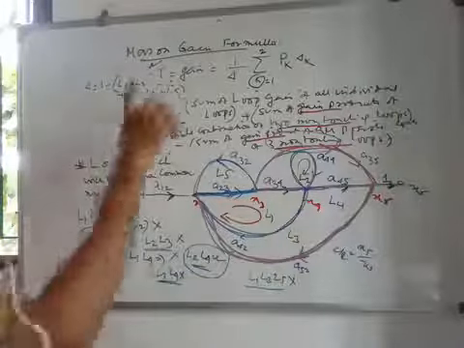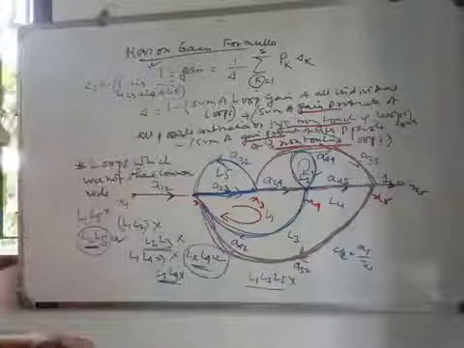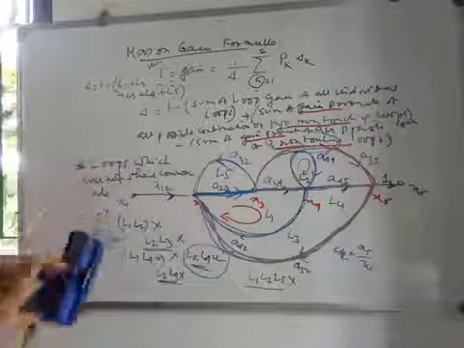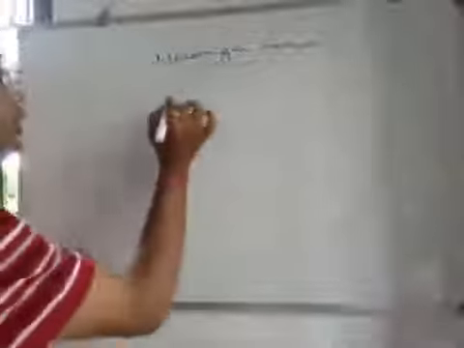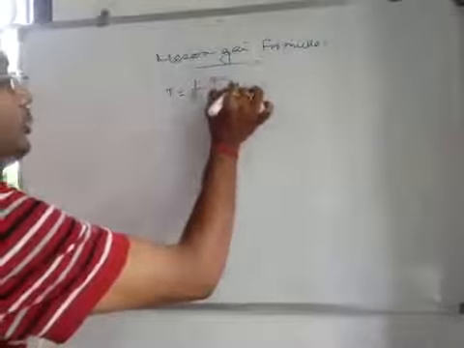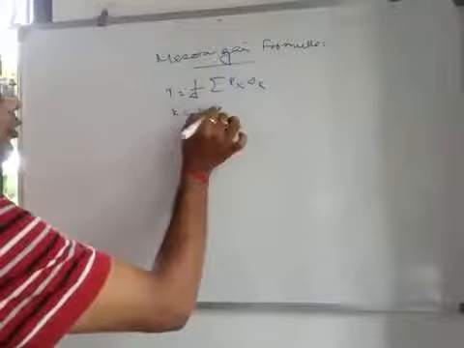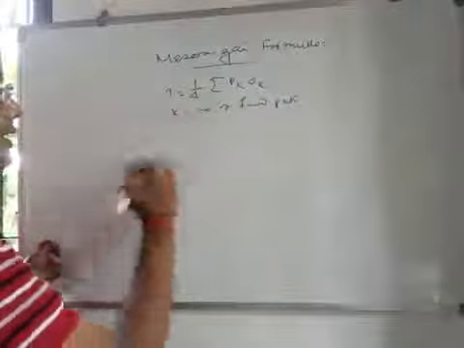So we can now modify the delta. What is the delta we are getting? We will just remove all these things and focus on the Mason gain formula. So T is equal to, we know, 1 by delta summation of Pk delta k. We know k is the number of forward paths, already discussed.